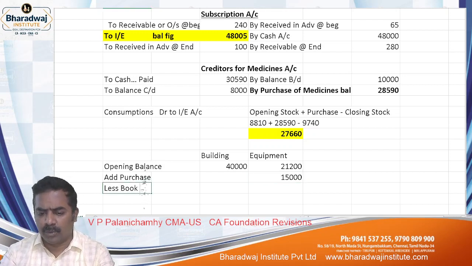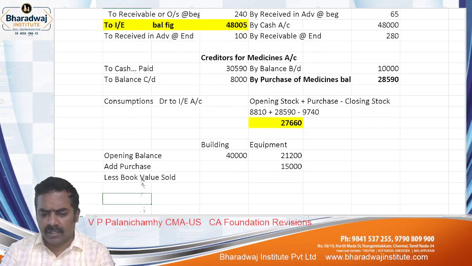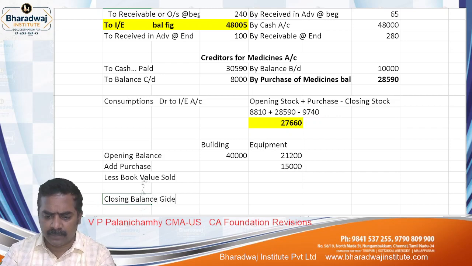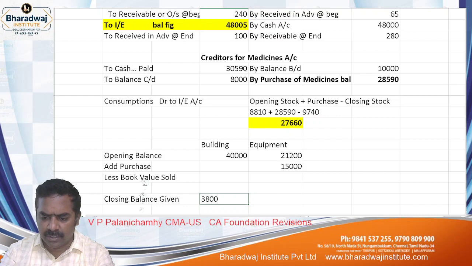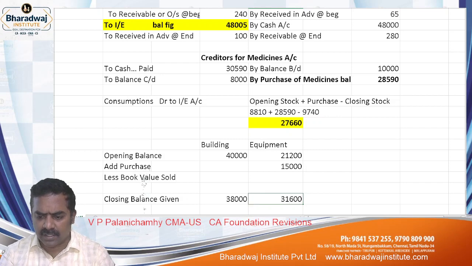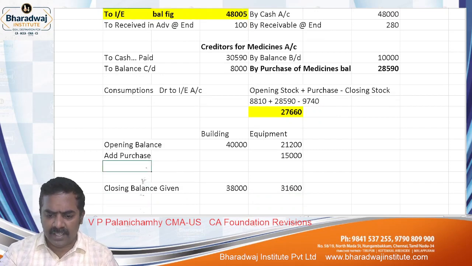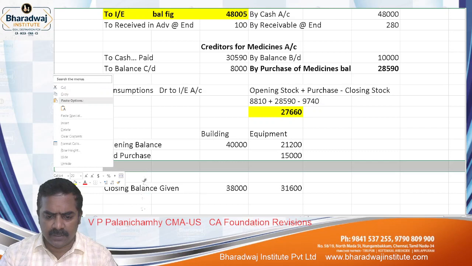Any book value sold? No sale during the year. Closing balance is given to us. Building 38,000 is given. Equipment 31,600 is given.